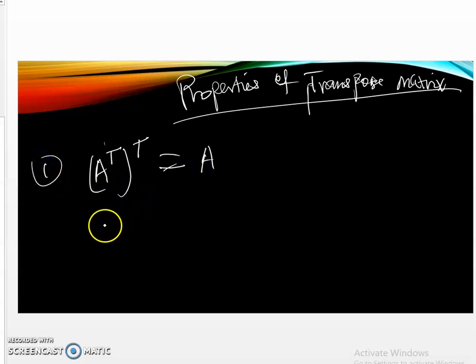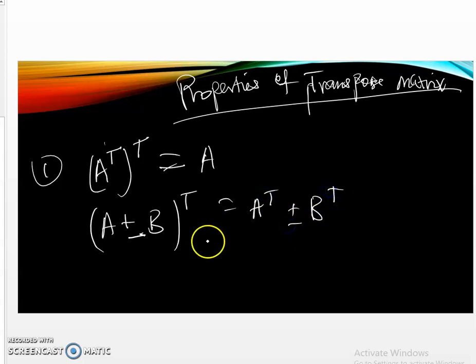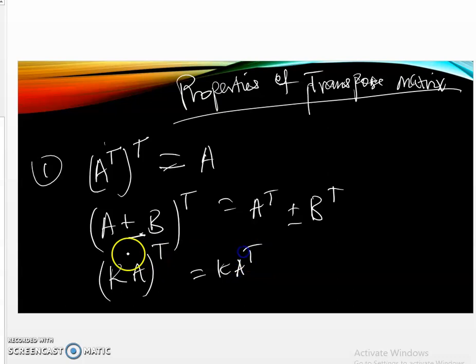Another property is that (A plus or minus B) transpose is equal to A transpose plus or minus B transpose. Another property is that if you multiply A by a scalar quantity K and transpose it, (KA) transpose, this will give you K times A transpose. These are the 3 properties that we have in terms of transpose matrices.